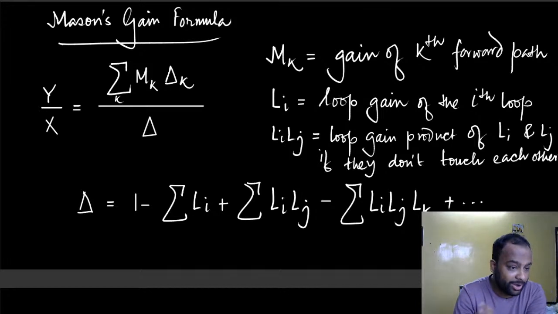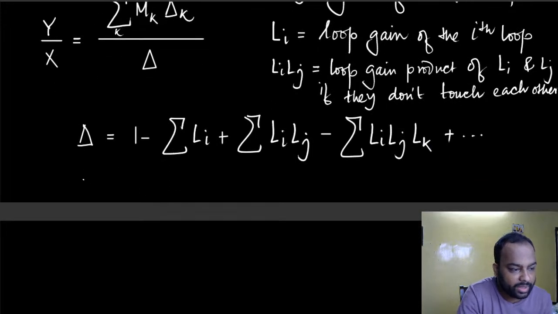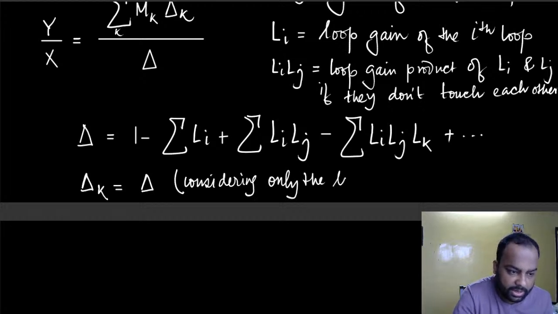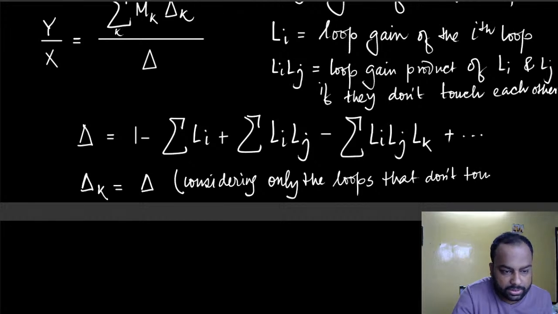And I'm going to explain all this to you. So that is how we define delta, and delta k is equal to delta considering only the loops that don't touch the kth forward path.